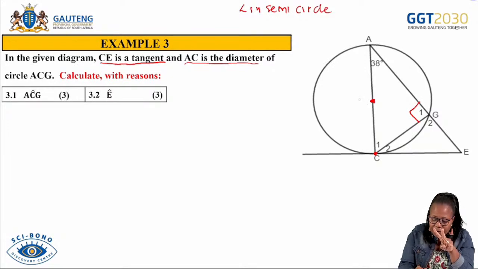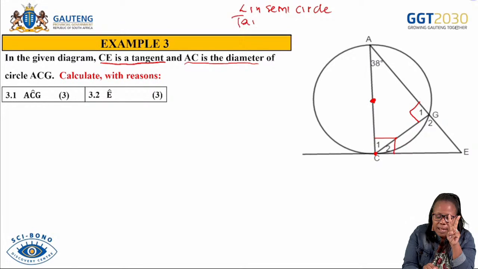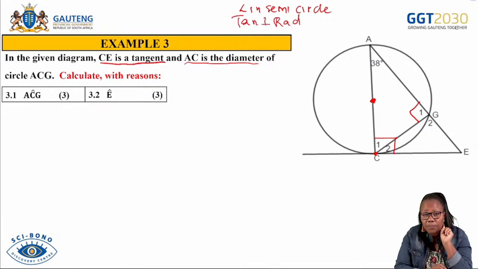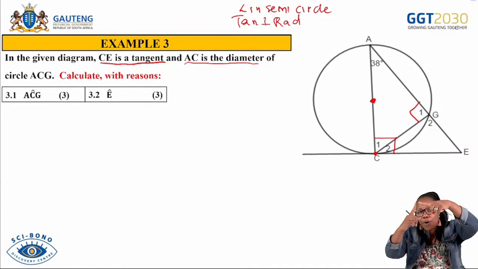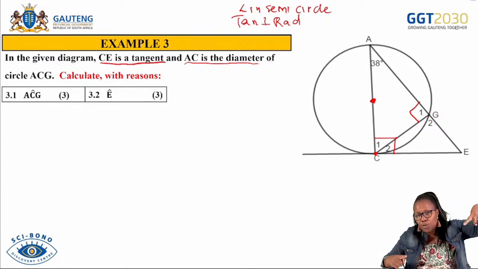Yes, we do. We have just identified a center because we have a diameter. That means C1 plus C2 will be 90 degrees because there is a theorem: tangent perpendicular to radius.